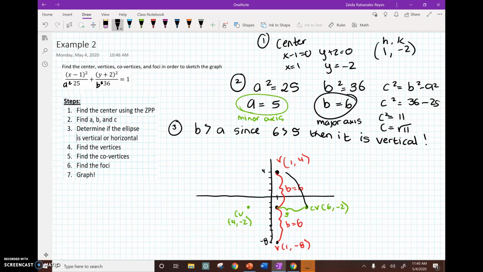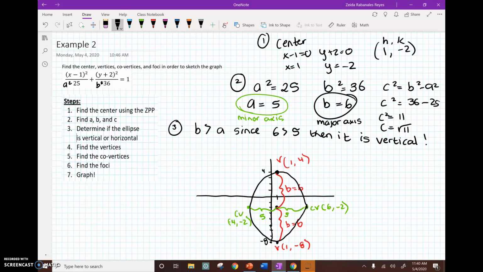So then all of these points connect into a beautiful oval. And this was 5 to the left. So then you have the information you needed.